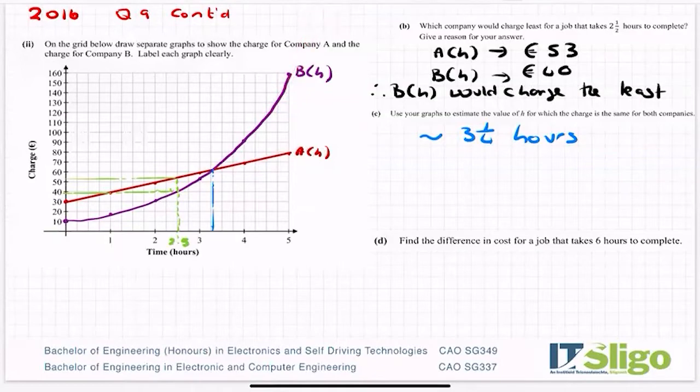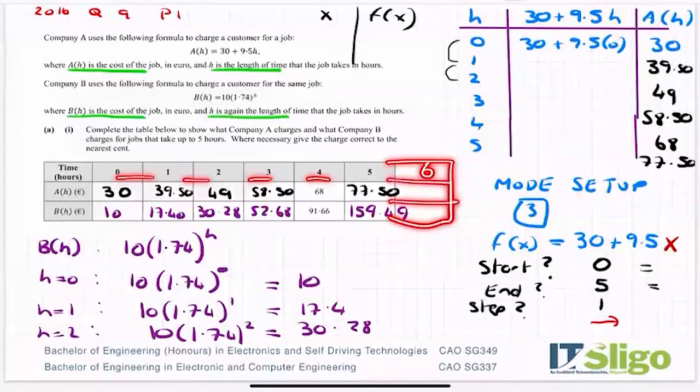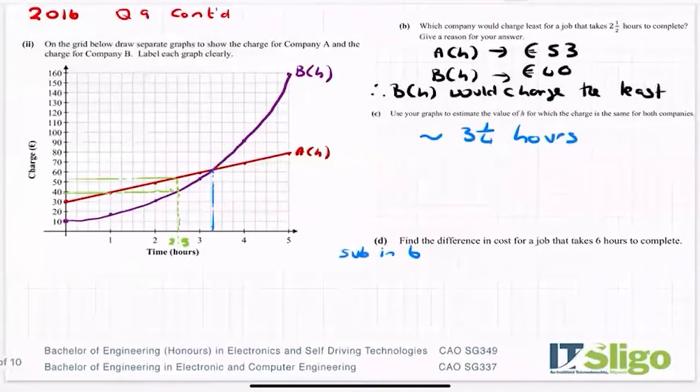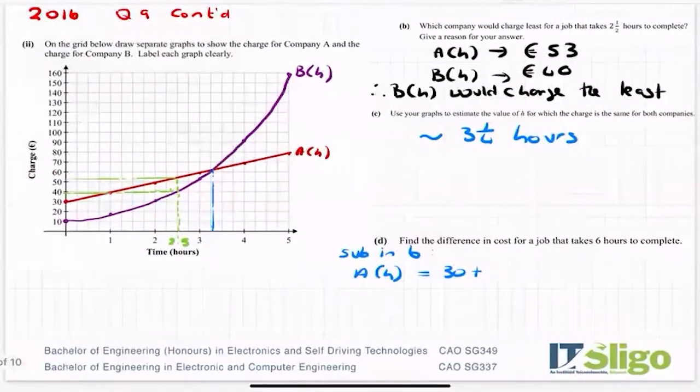So the easiest way to do it is to sub in 6. Remember how we found all of these values? Well, we just do a box for 6. A of H was equal to 30 plus 9.5H.